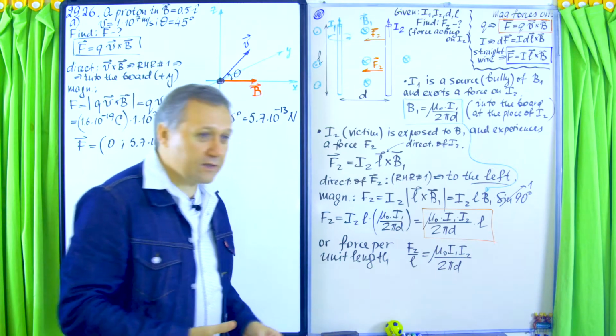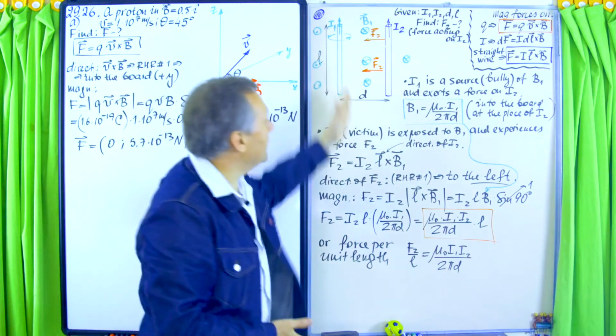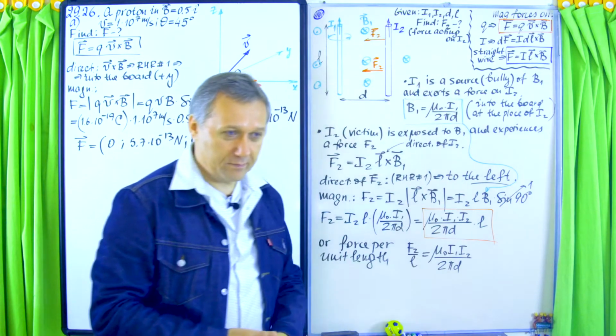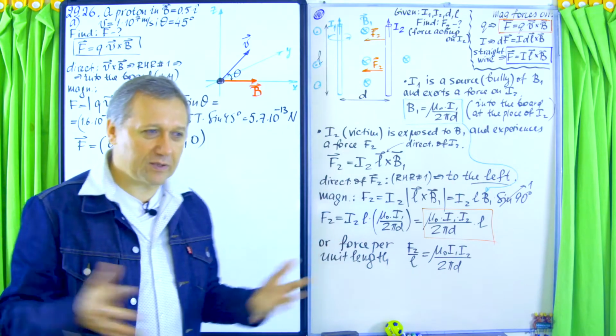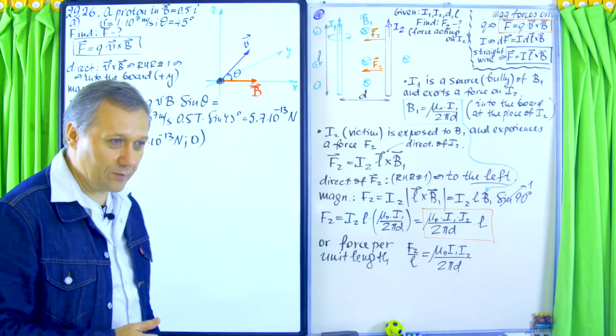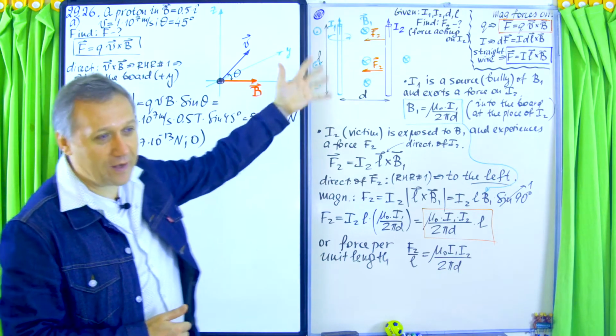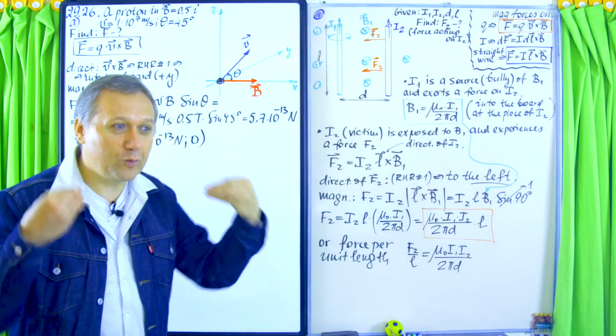So in this problem 2936, we will have 3 parallel wires with currents, but currents can be some of them in the same direction, some of them in the opposite direction, but 3 wires. So we increase complexity, we're adding an additional wire. But of course, this strategy will be very similar.